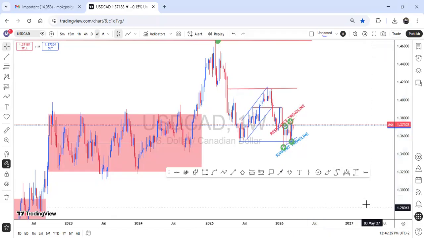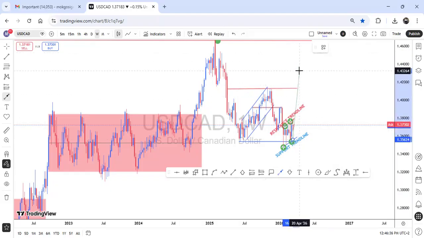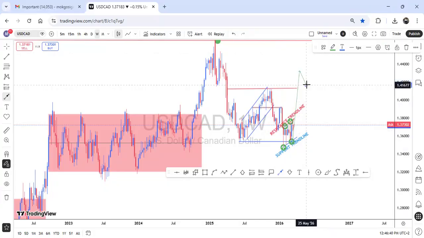If this is not going to happen, what's next that can happen? Let's move on. If the downside is not going to happen, that means we'll be expecting the price to shoot to the upside, come back, respect this level, and shoot to the upside. That's the probability and possibility.